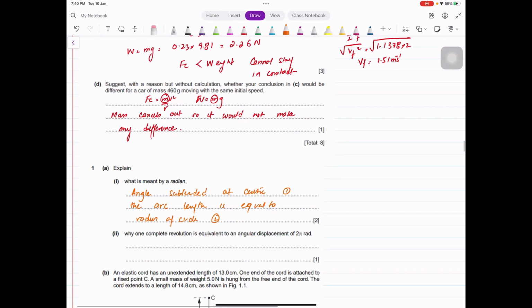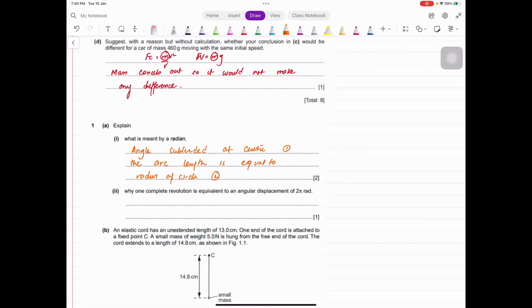Now it says, why is one complete revolution equivalent to an angular displacement of 2 pi radians?